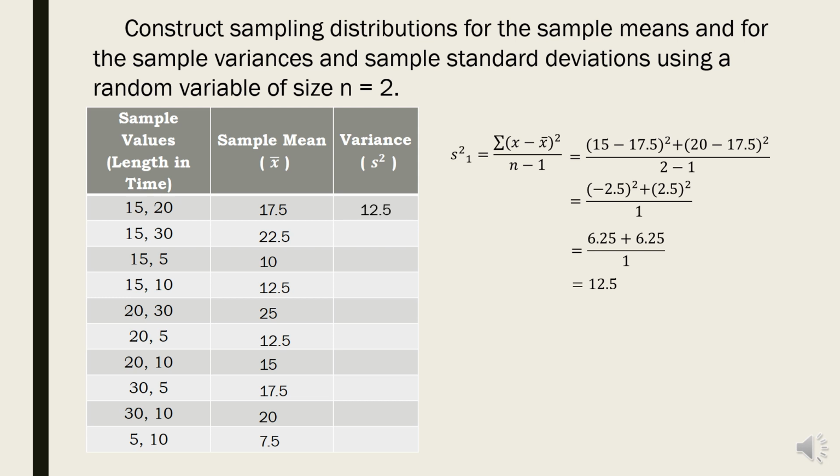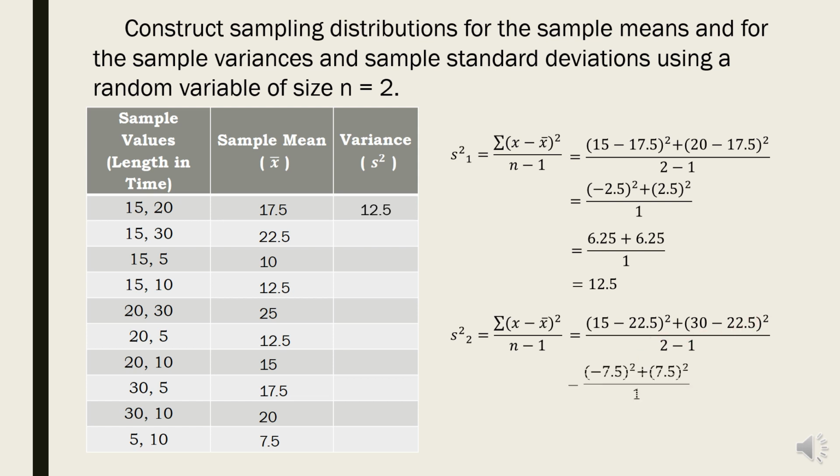Let's proceed to the second set. The values are 15 and 30, with a sample mean of 22.5. So we have 15 minus 22.5 squared plus 30 minus 22.5 squared all over 2 minus 1.